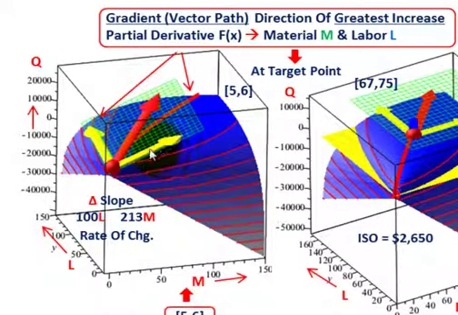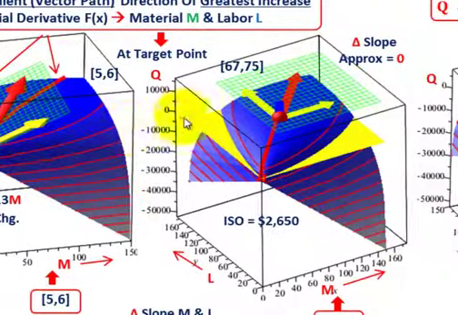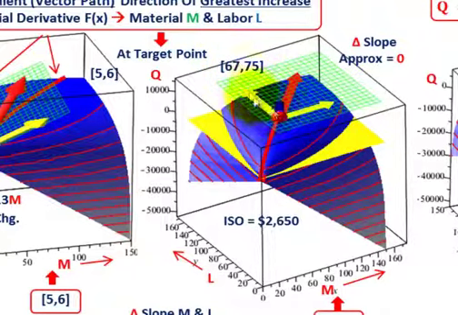Okay, so this is what we calculated, the gradient, or the rate of change, at this specific point, 5 and 6 units of material and labor, and we've calculated for both material and labor the gradient value of these yellow vectors. And then if we move up to our other point, 67, 75, we've done the same thing.